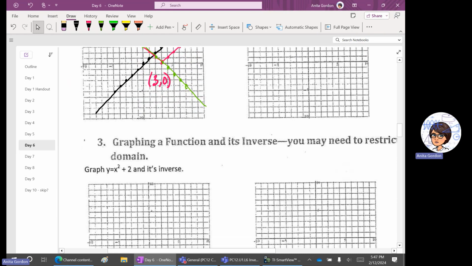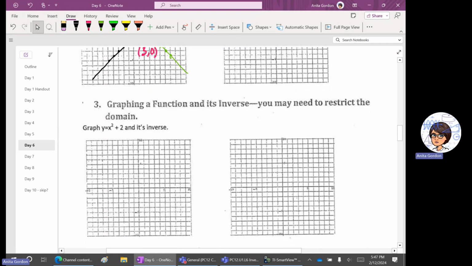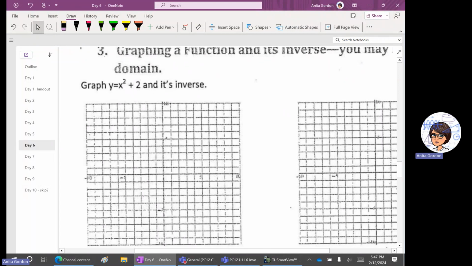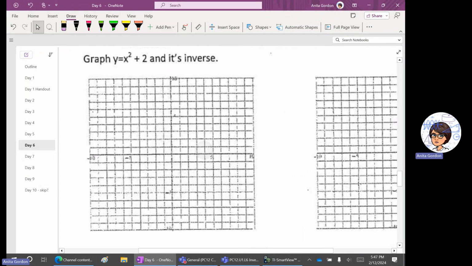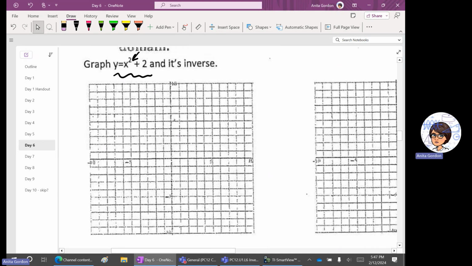Okay, it is possible that you might need to restrict the domain when we do an inverse. We can do this algebraically, which means we can solve it using mathematics. So first, let's graph this function as is. That is a quadratic, and we have shifted it up 2, so my vertex is at 0, 2.